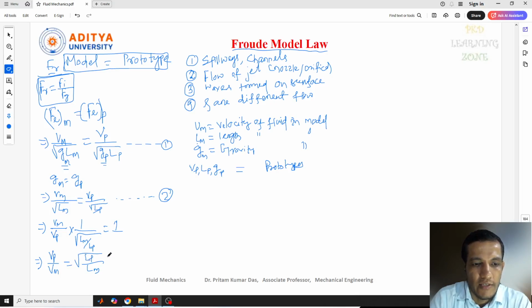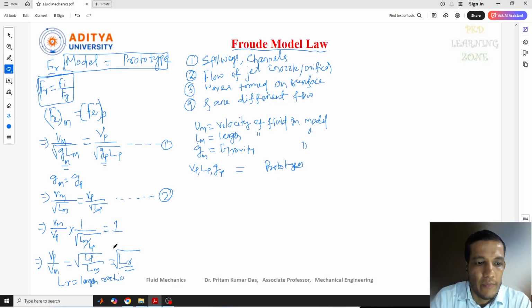This one we can write Lr, because we know that Lp by Lm is the length ratio. This is scale ratio, or we can say length ratio. So Lr is nothing but scale length ratio.